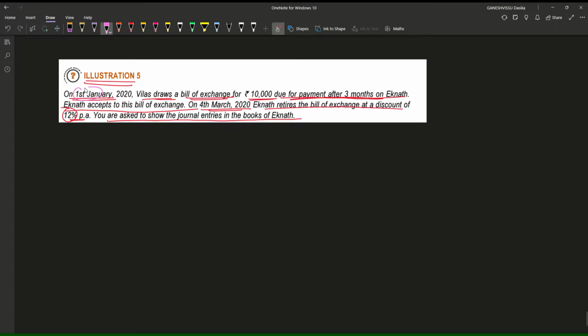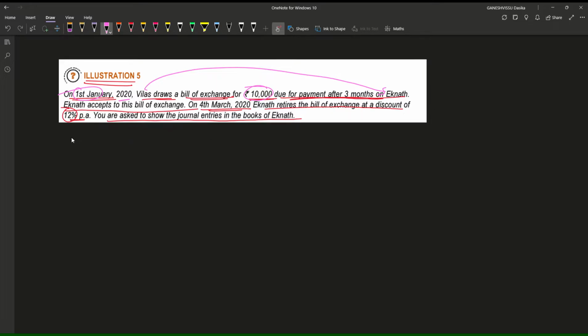On 1st January 2020, Vilas draws a bill of exchange for 10,000 rupees. Now Vilas is drawing a bill of exchange on Eknath. What does it imply? Eknath is accepting the bill, for which it becomes bills payable for Eknath.